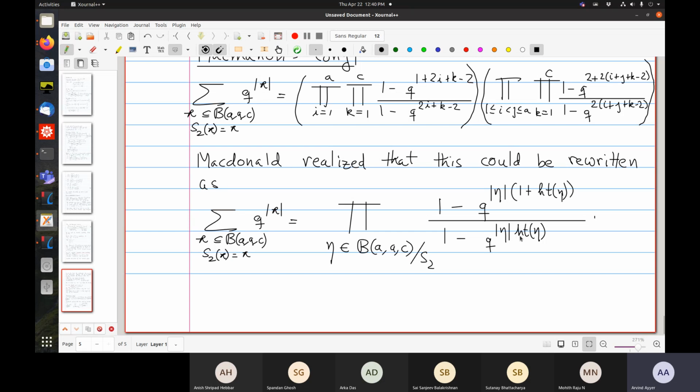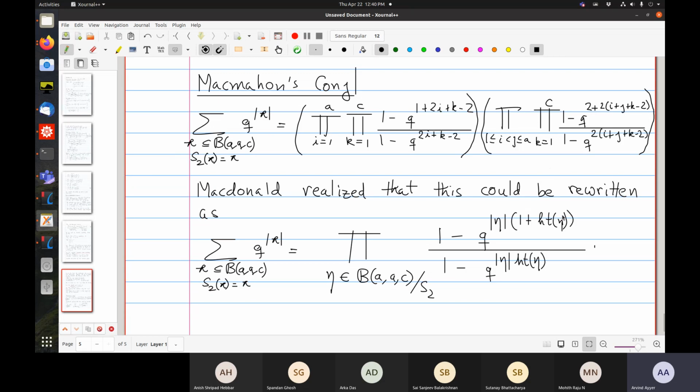And here it is i plus k minus 2. If you take something in the doubleton orbit, you're only going to take one side, so that's i less than j or i greater than j. You take one of those, don't take both.